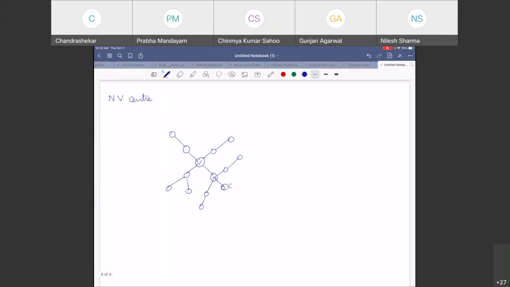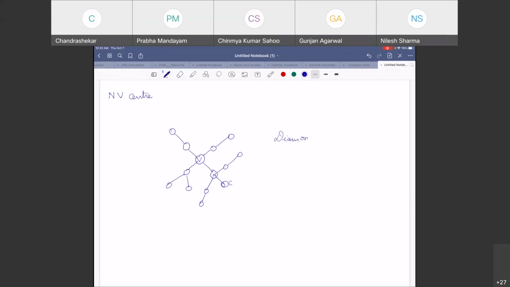Usually, you can locate a diamond crystal and look for the defects in the crystal. These are called crystal defects, point defects in the crystal.